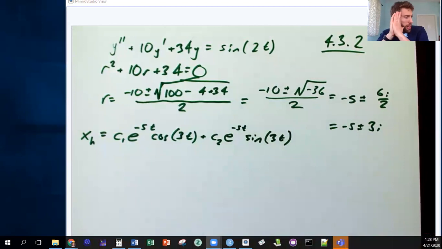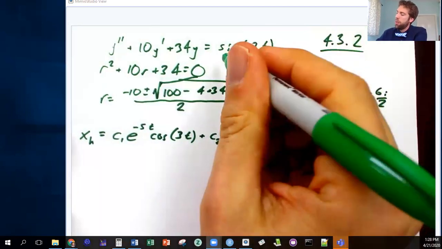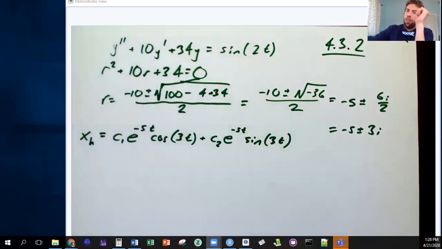Now, for part B, we're asked to find the complex solution. Here we have sine of 2t.